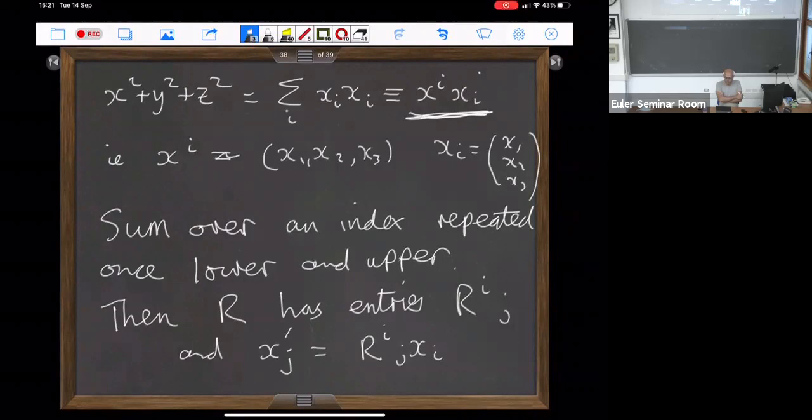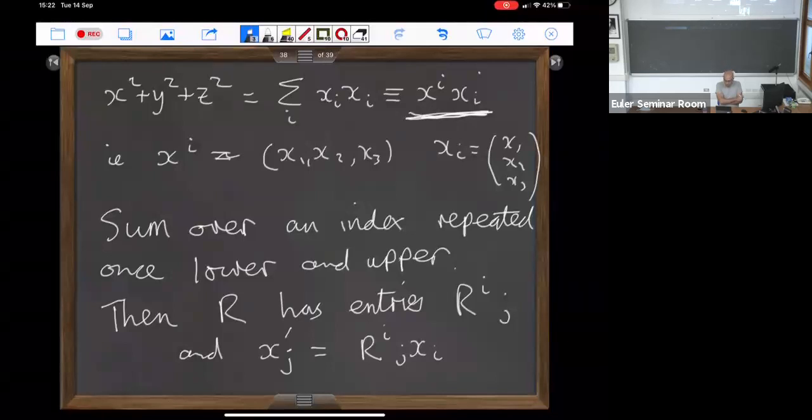So this is Einstein's summation convention, which allows you to simplify formulae. Okay, so it's just a definition. The reason that we have to have one upper i and one lower i is that you can think of this as the dot product between a row vector, x upper i, and a column vector, x lower i.